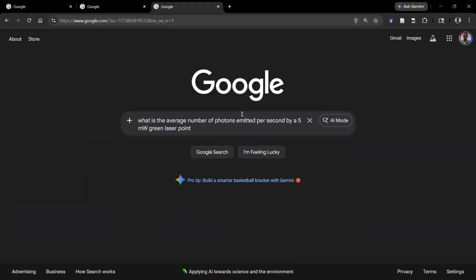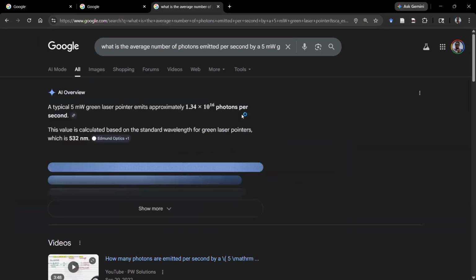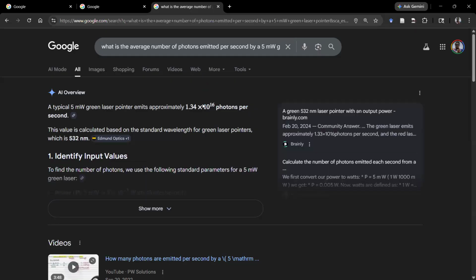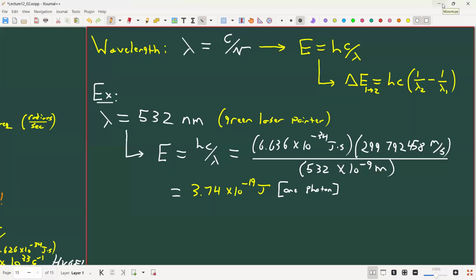All right, 5 milliwatts is a typical class 3 laser pointer you would buy on Amazon. It's about 10 to the 16 per second. So it's actually a lot less than a mole. It's about 10 to the 16, that's 10 to the minus 7 moles. It's about a micromole, right? About 100 nanomoles, 10 nanomoles of photons a second.